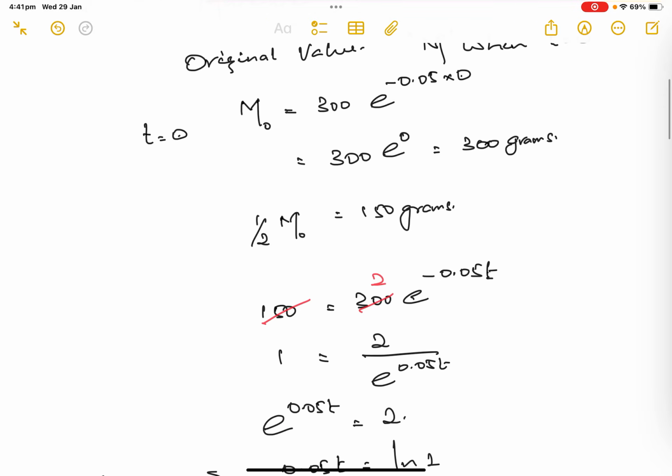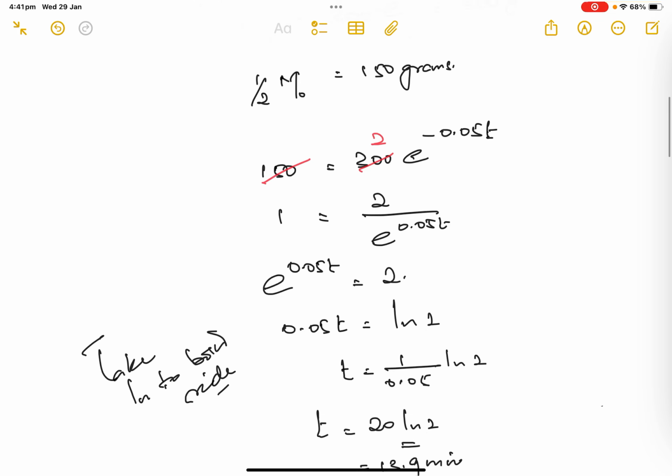Having got that, now we need to find the time taken to decrease from 300 to 150, because half of its original value of 300 is 150. So half of m0 is 150 grams. We can use that equation again: m equals 300 e to the power of minus 0.05t.